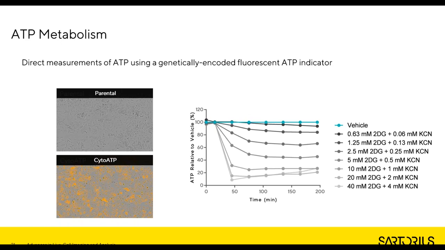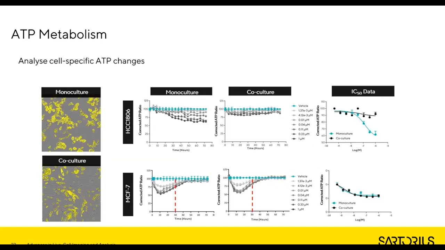One of the really nice things about this application that I think makes it stand out over pretty much any other method of measuring ATP metabolism is that not only is this a kinetic method, but since you can make a constitutively expressing target cell line, and we're only looking at those cells that have been effectively transduced with this reagent, you can actually perform this in a co-culture.